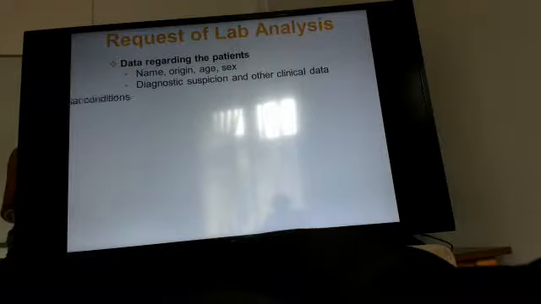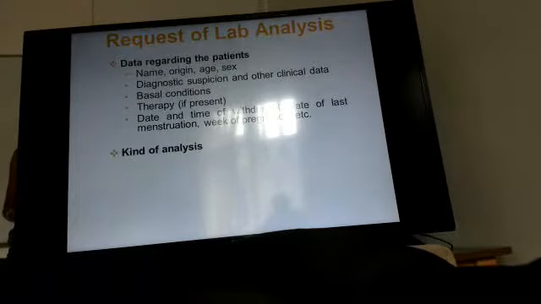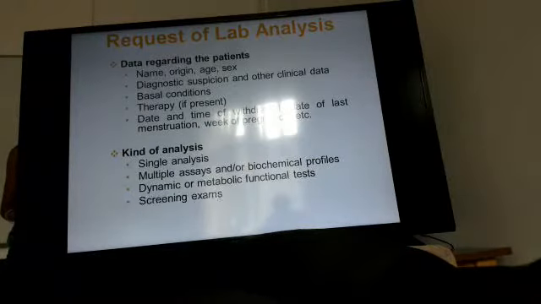So here you can see some data that can be useful. I know that for routine analysis this probably is not necessary. It depends, but hopefully, since you hope to be a good physician and to think of each case like the case of your life, if you are able to give more information to the lab, you can discuss, and also the personnel of the lab can say, okay, but probably it can be useful to add also this other analyte, because sometimes everyone has his own specialty, so you cannot know everything.